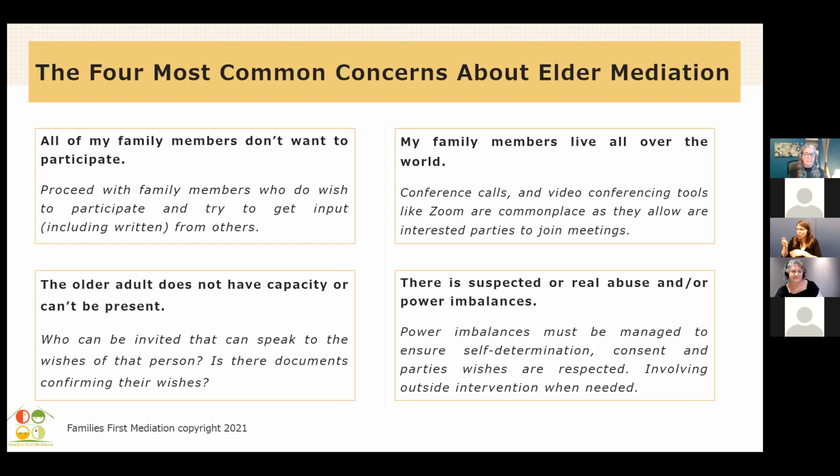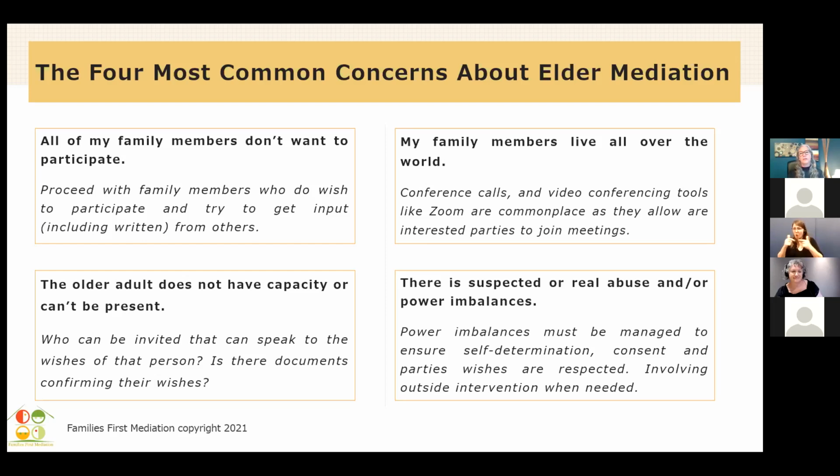In any way, shape, or form we can bring that person's voice into the room, let's do it, right? That is okay. And that's if there's a capacity issue. Or there's wills and estates where the person is not ever going to be able to be present. But again, we go back to how do we find out what their wishes are, right?